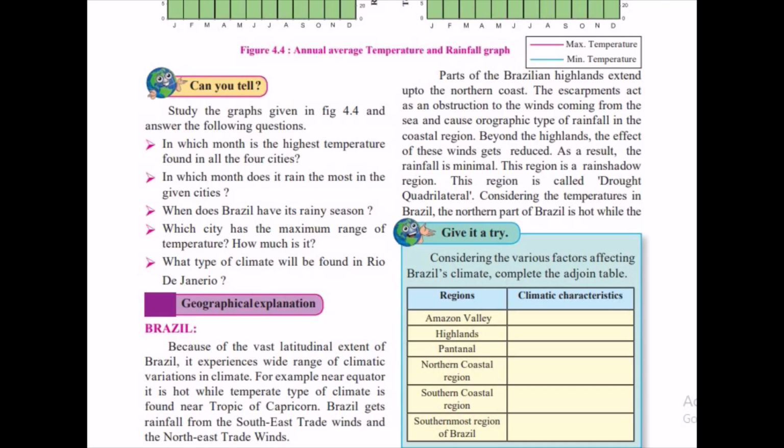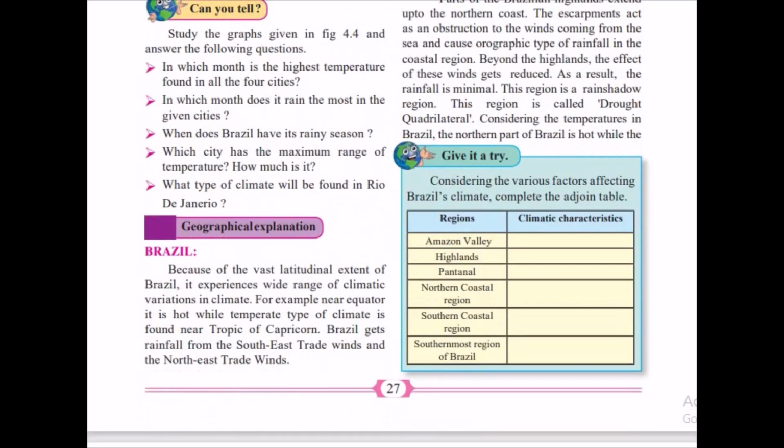That's called orographic type of rainfall in the coastal region. Beyond the highland, the effect of the wind gets reduced. As a result, the rainfall is minimal. The rain shadow region is called drought quadrilateral. In the previous lesson, we have learned what is drought quadrilateral.